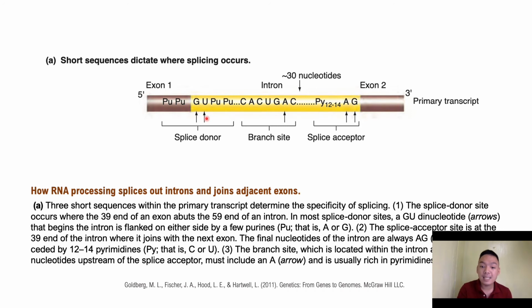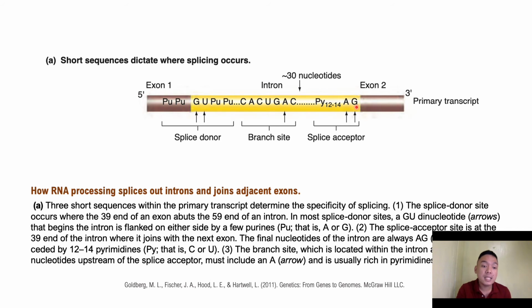Second, the splice acceptor site is at the 3' end of the intron, where it joins the next exon, and the final nucleotides of the intron are always AG. So if the start of your splice donor is GU, the end of the splice acceptor is always AG.